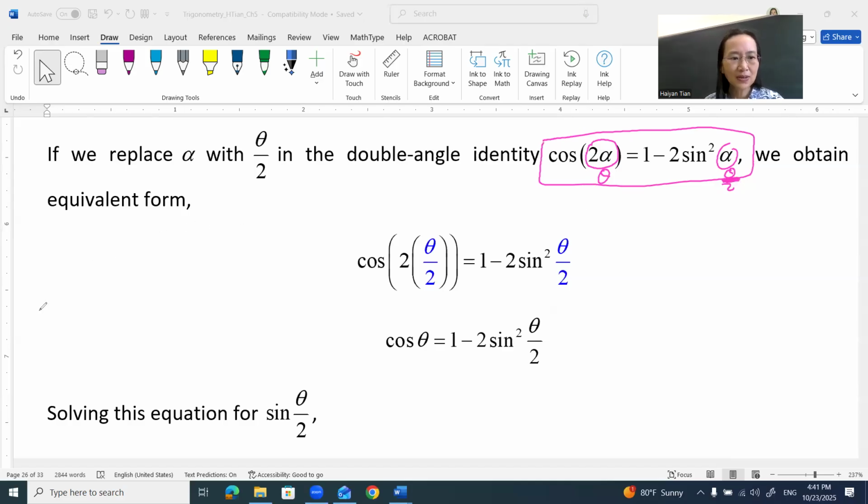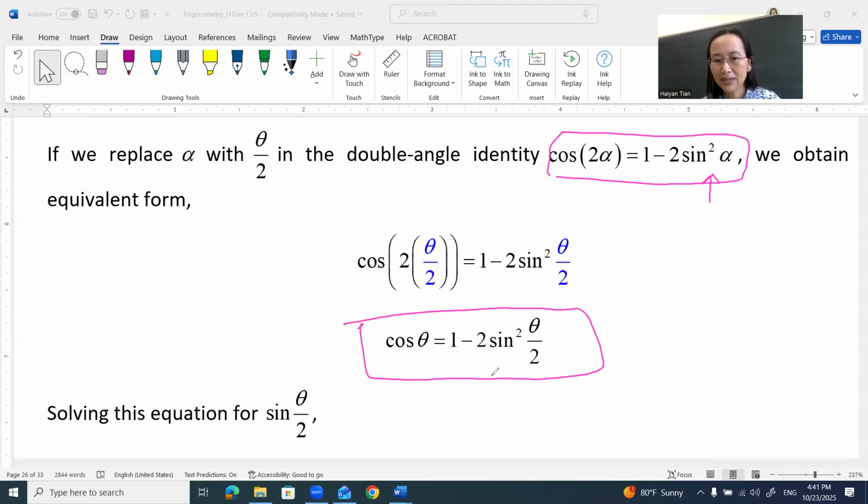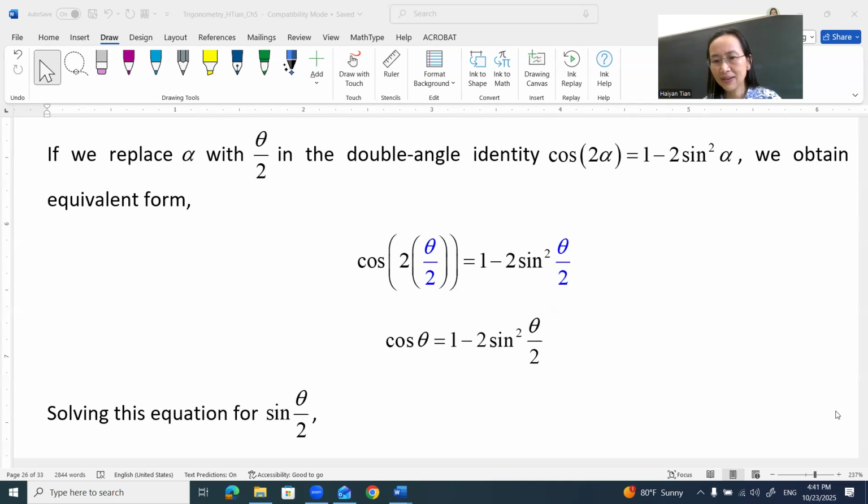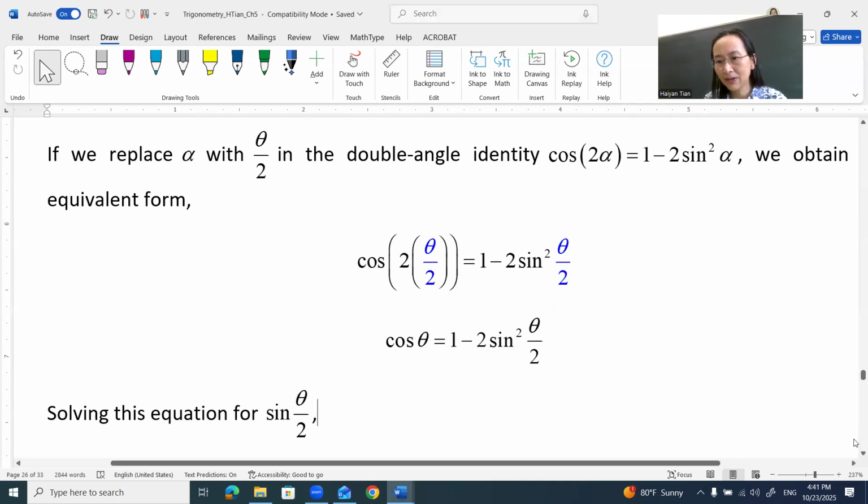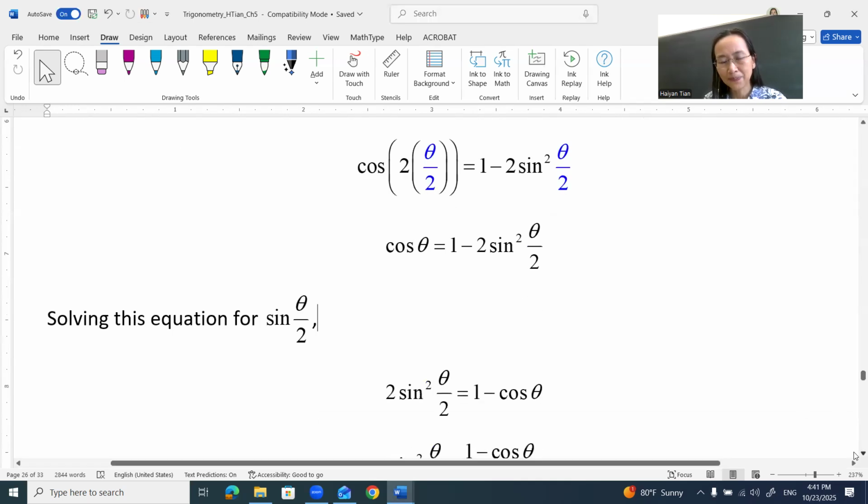So it's essentially the same formula, but this time we want to focus on this version, so we can solve this equation for sine half of theta. Once we solve this equation for sine half of theta, we get a half angle identity.